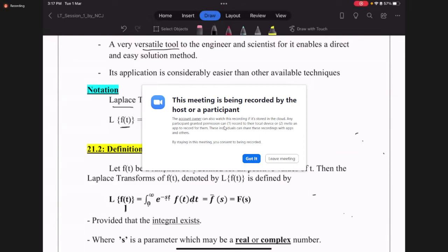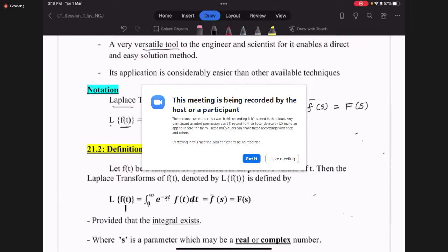Laplace of any function f(t) is nothing but a function of s. This f bar of s is also denoted as capital F(s), function in s.